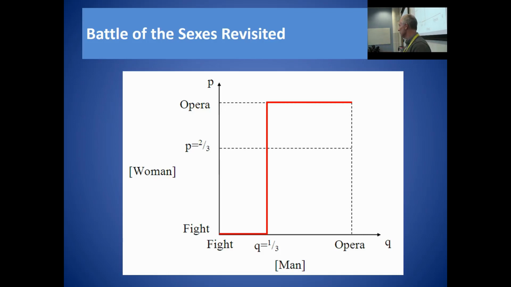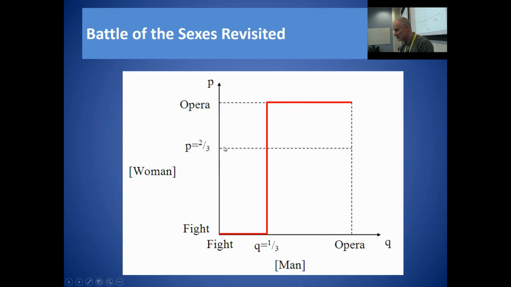Now, his best response depends upon P, the probability with which the woman goes to the opera. And we said whenever P was less than 2/3, that is, we're looking at the lower 2/3 of the diagram, we said that the optimal response of the man was to go to the prize fight.